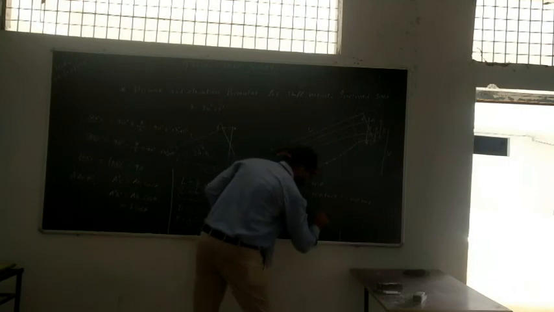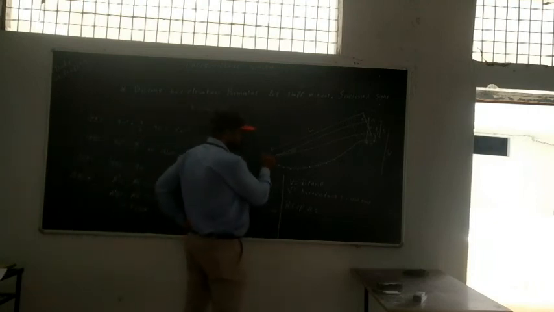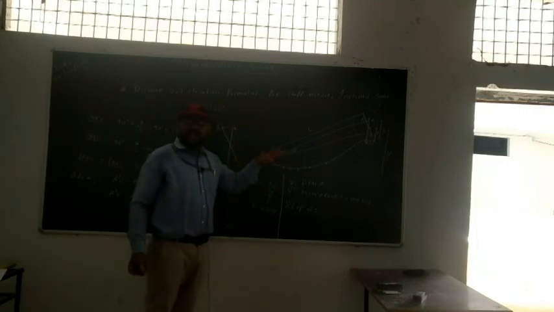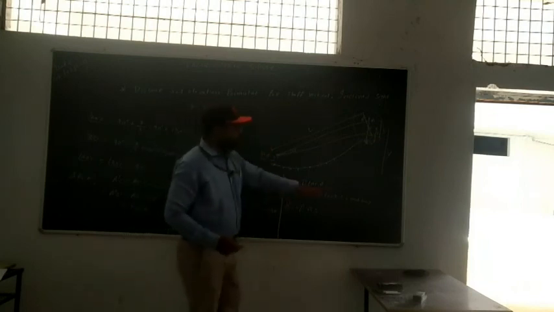Now tell me, to get RL of Q, RL of Q is equal to what? You know the RL of the instrument point. So without having any benchmark, if you directly know the RL of the instrument point, we can get the height.